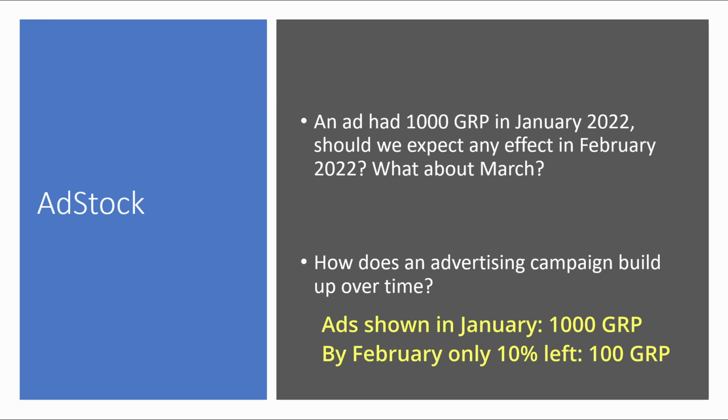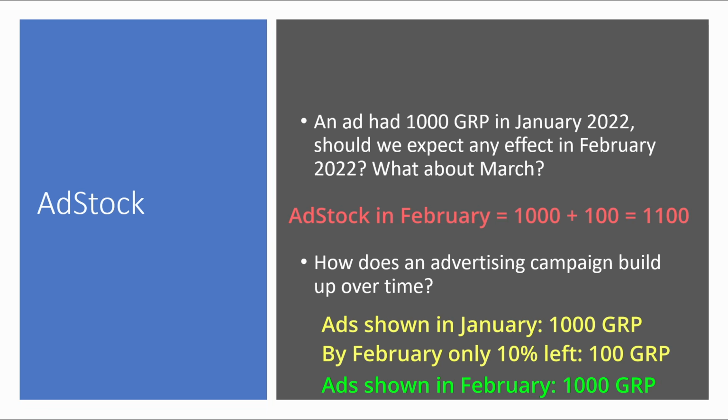And if you keep showing ads every month, let's say you build up another 1,000 GRP through new advertising in February, and you have 100 GRP left because of residual from January. So in this case, your total GRP in February 2022 is 1,000 plus 100, basically 1,100 GRP. Similarly, we can do this calculation from month to month. And here's the equation for adstock calculation.